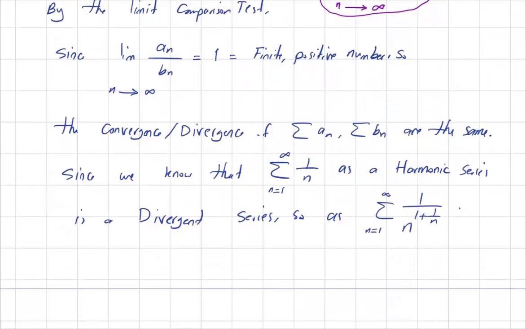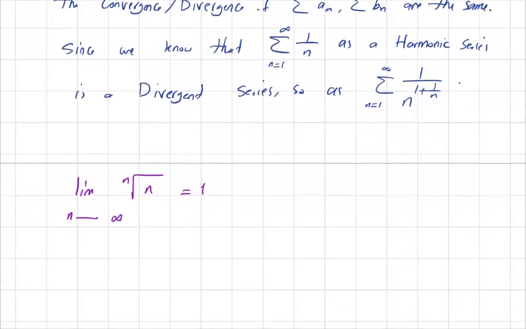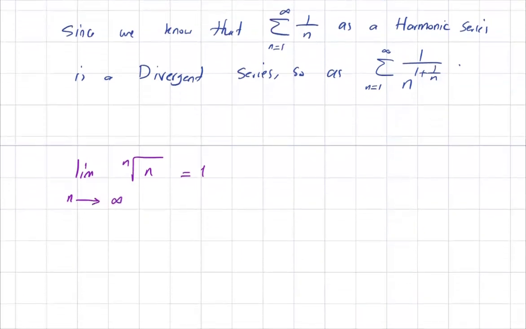For those of you who are curious why the limit of the nth root of n as n goes to infinity is equal to 1, let me quickly go back to elementary calculus and show you how to deal with these types of limits.